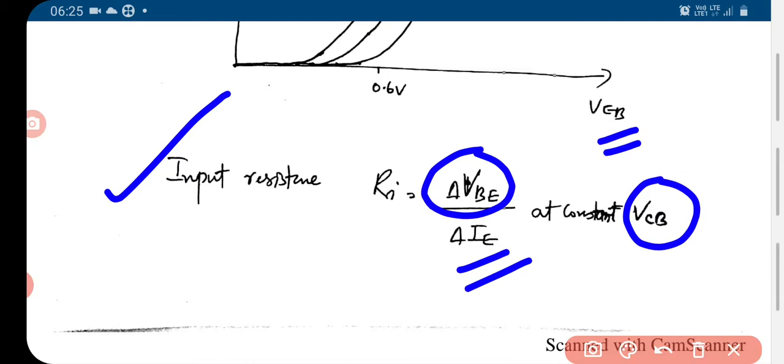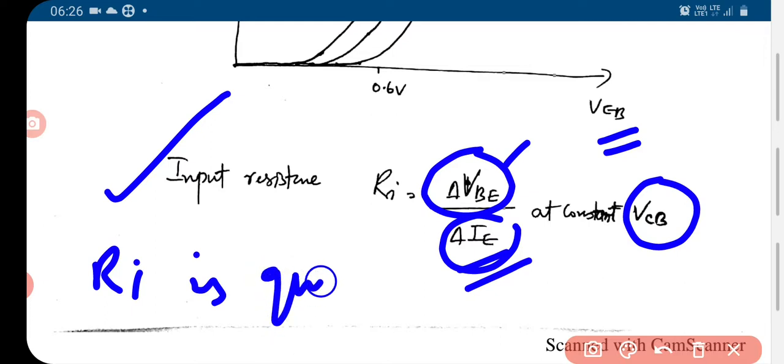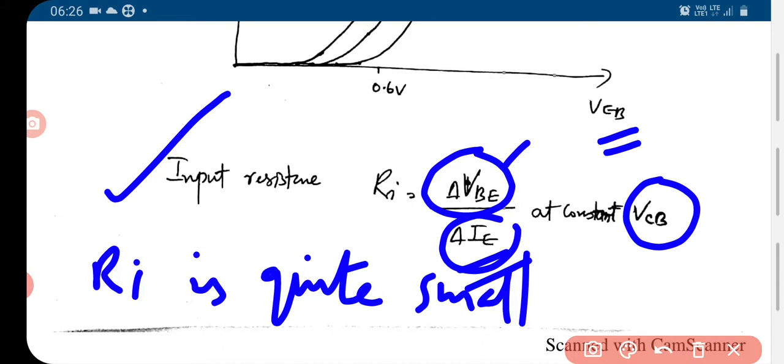And we know for a small change in VBE there is a large change in the emitter current. So that means Ri is small. Input resistance is quite small, as we saw in the input characteristics.